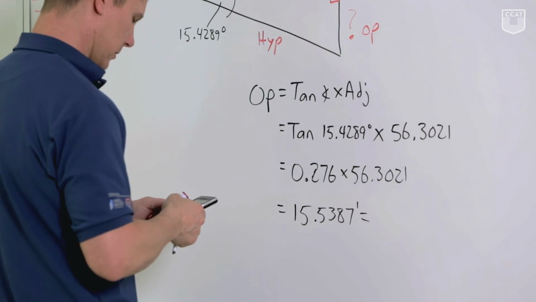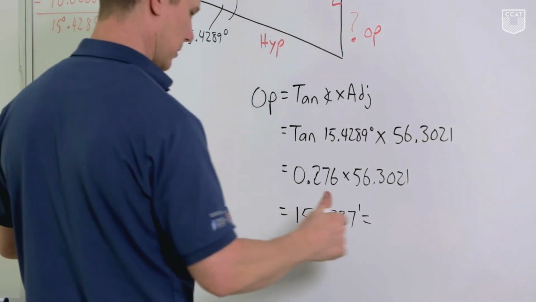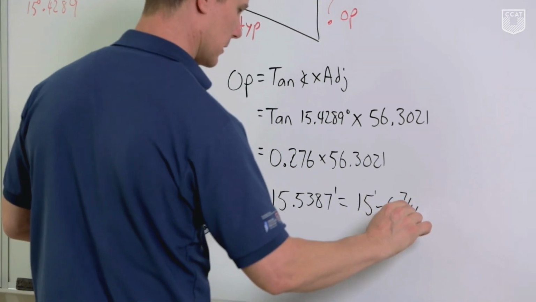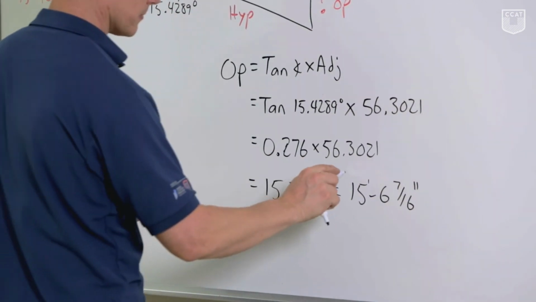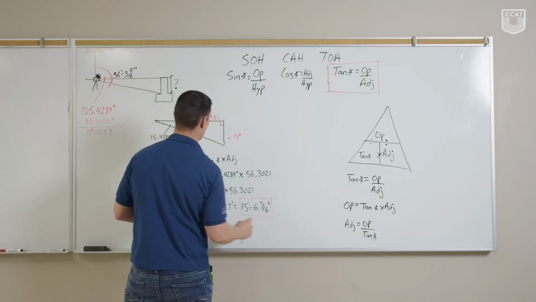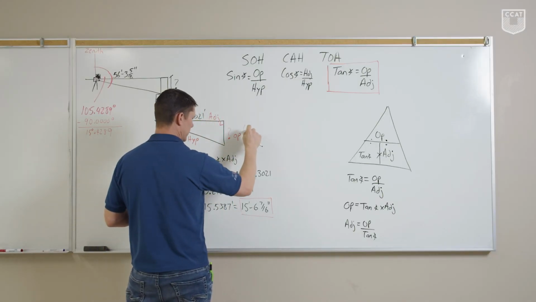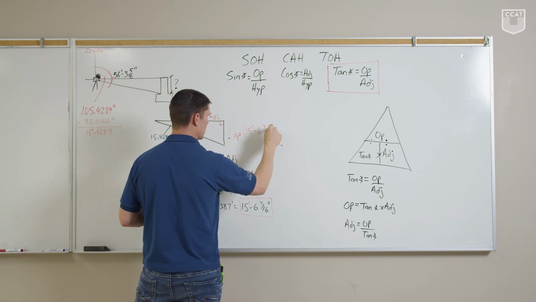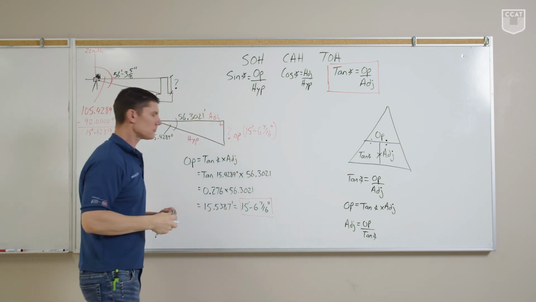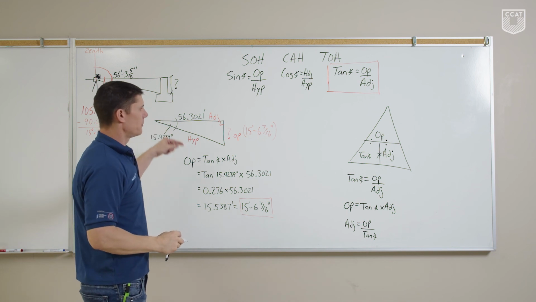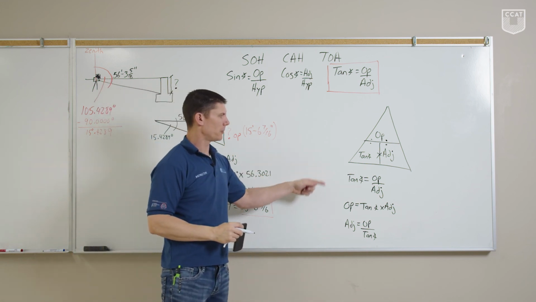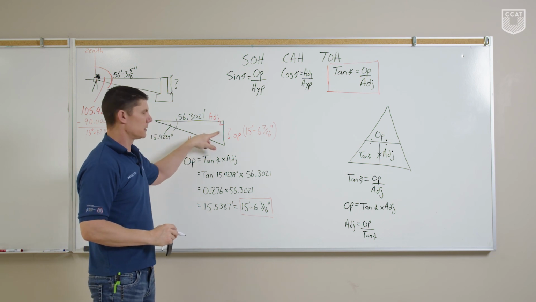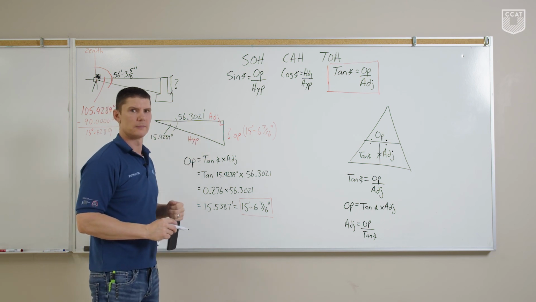Do our conversion. We're going to be 15 foot 6 7/16 of an inch. So the height of our wall here would be 15 foot 6 7/16 of an inch. So using the information given and our trig formulas, we can punch the information into the formula and solve for the height of our wall.